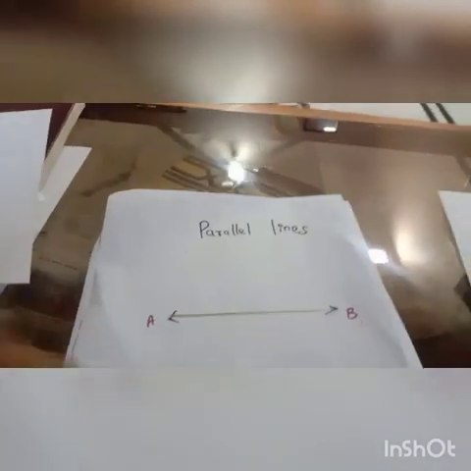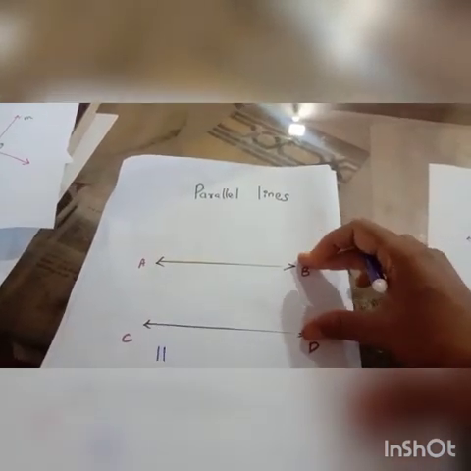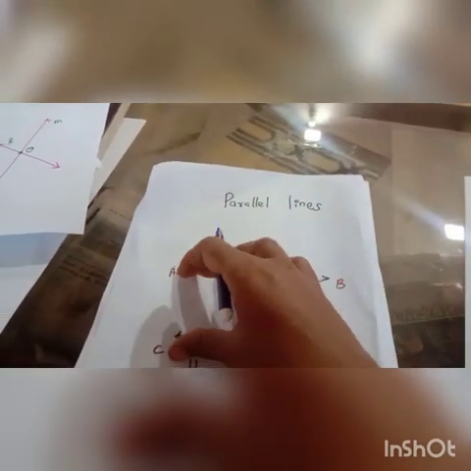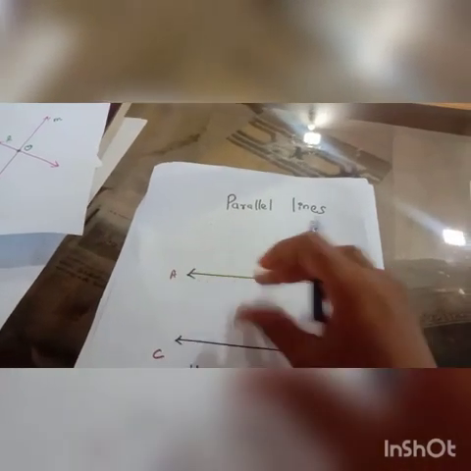Now we will see about parallel lines. Parallel lines means line AB and line CD are non-intersecting lines, which means they will not intersect at any place. So they are called parallel lines. Now we will see how we can write these lines.